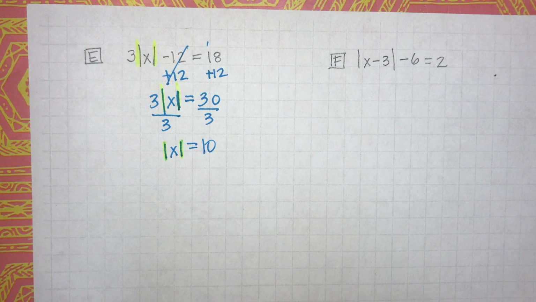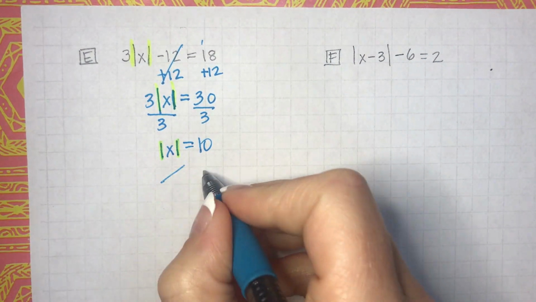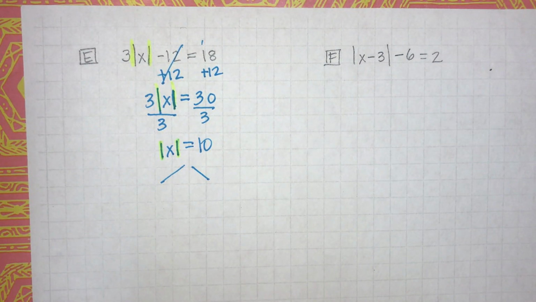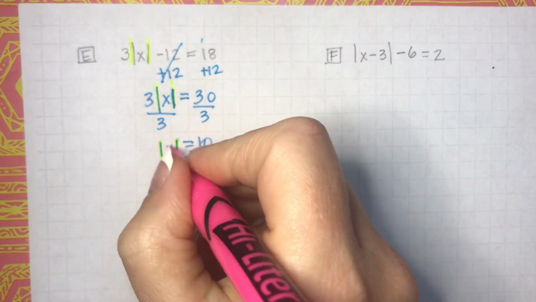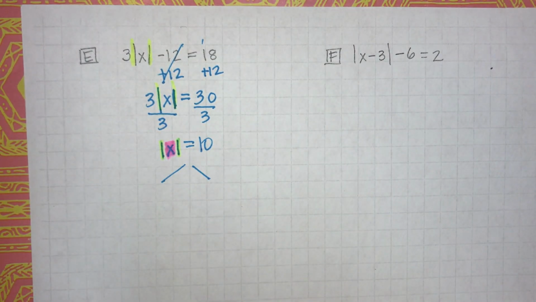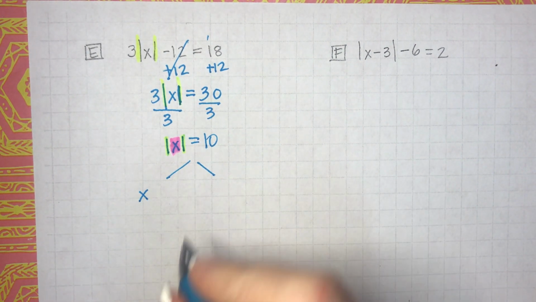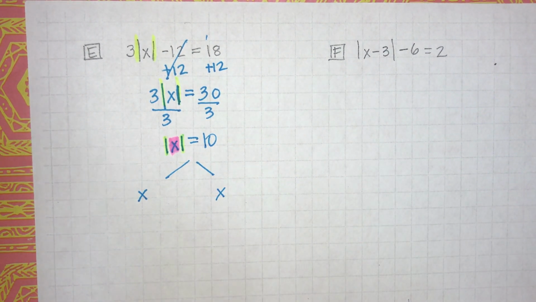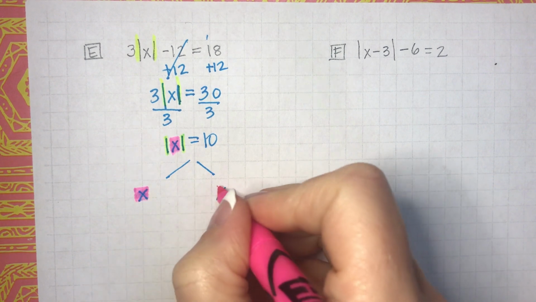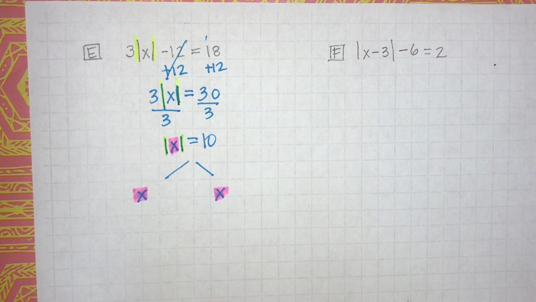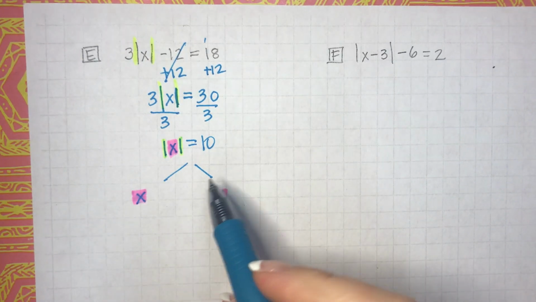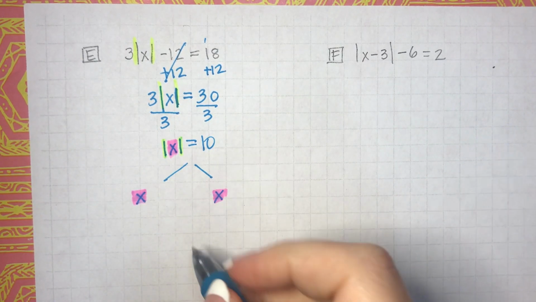So it's time to split it into two equations. We're going to take whatever's inside, and now it's just x, and that's okay. We're going to write that just how it is here and here. Really, it's just the same thing. You write it twice. And notice that when we did the two equations, those absolute value symbols drop.